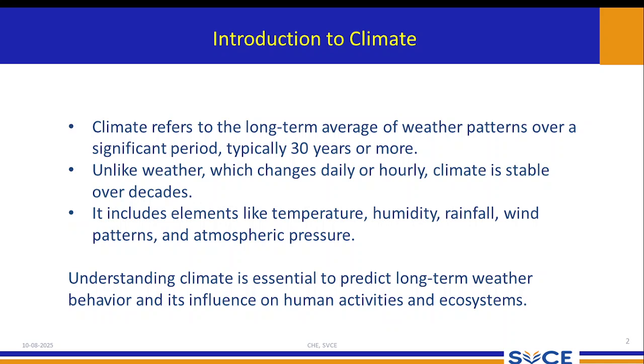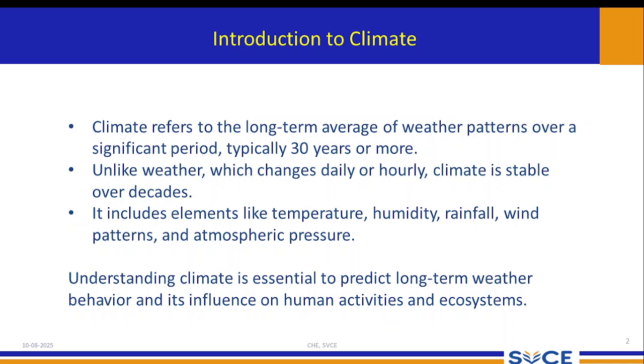Unlike weather, which changes daily or hourly, climate is stable over decades. So underline that climate is stable over decades. It includes elements like temperature, humidity, rainfall, wind pattern and atmospheric pressure. Understanding the climate is essential to predict long-term weather behavior and its influence on human activities and the ecosystem.